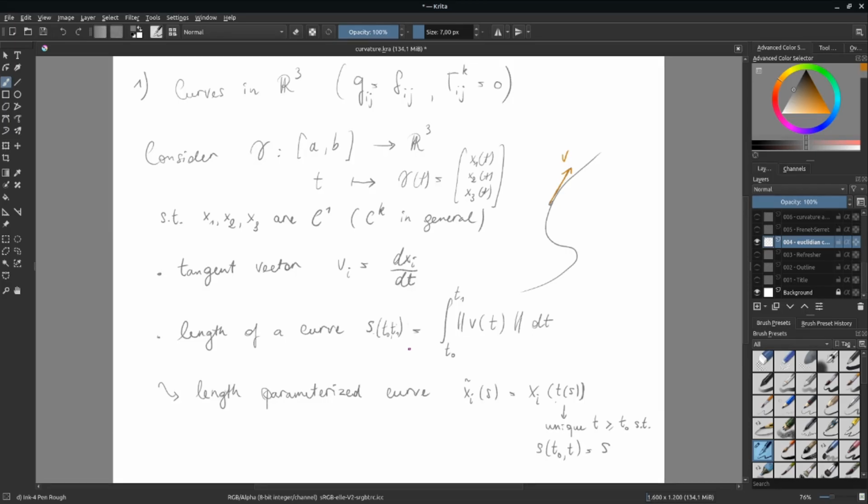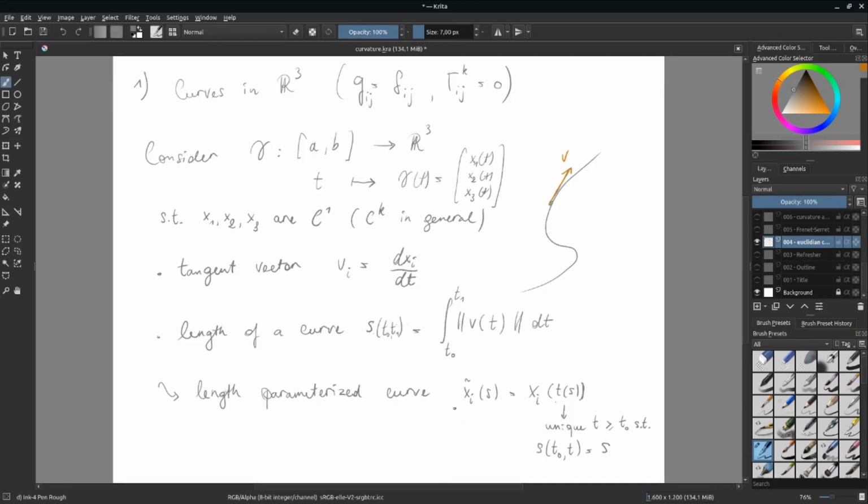And so that means that for any desired length s, I can find a unique t such that going from t0 to t, that segment of curve has exactly length s. And so I can define my new curve as essentially the same curve but parameterized by s.